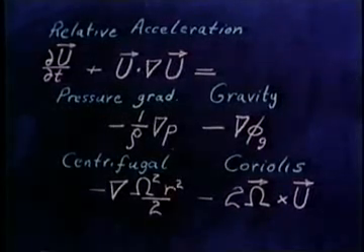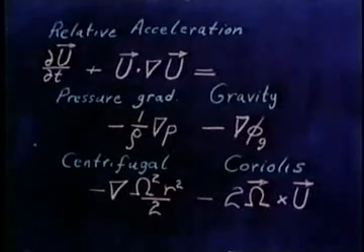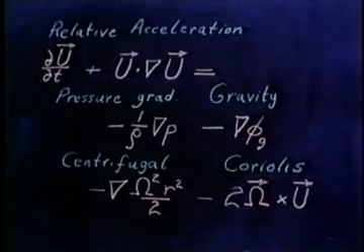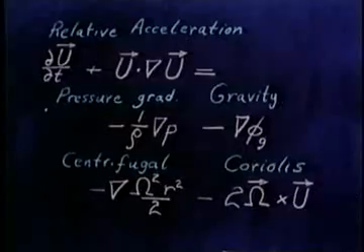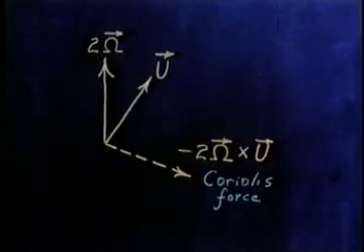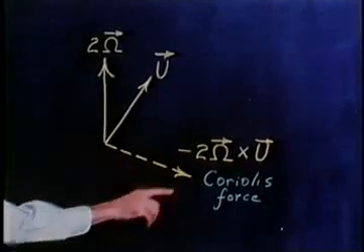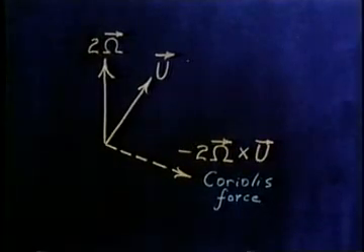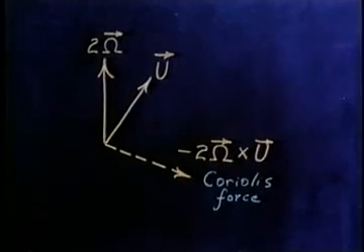The other term is the Coriolis force, minus 2 omega cross u. The Coriolis force is directed to the right of the relative velocity vector u and is proportional to its magnitude. It is the Coriolis force that gives rotating flows their most peculiar properties.